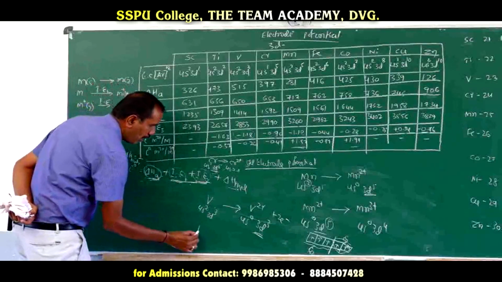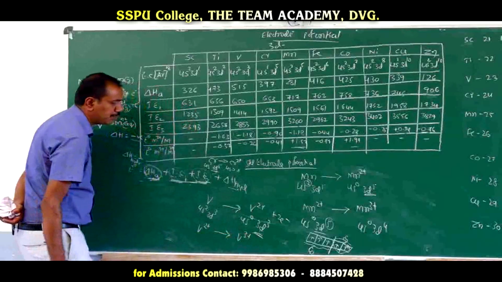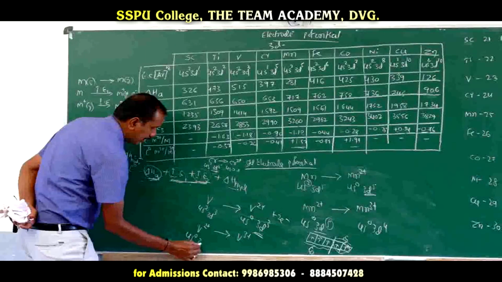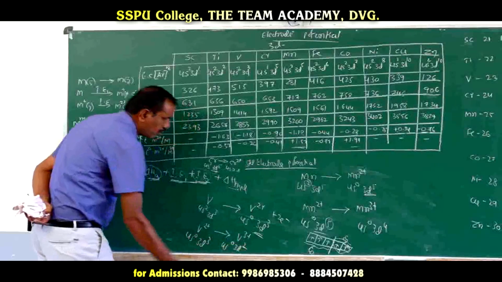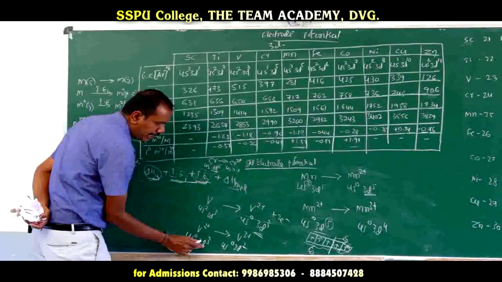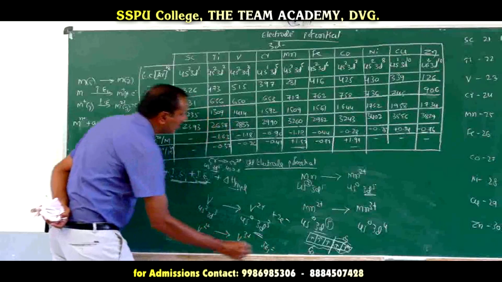But if you go for V2+ becoming V3+, M2+ becoming M3+, 4s0 3d3 becomes 4s0 3d2. It is very difficult to remove the electron from the more stable d3 configuration, meaning the IE3 becomes very high.